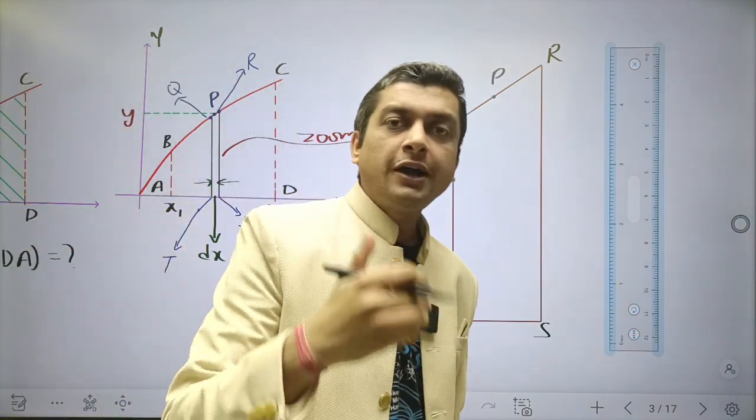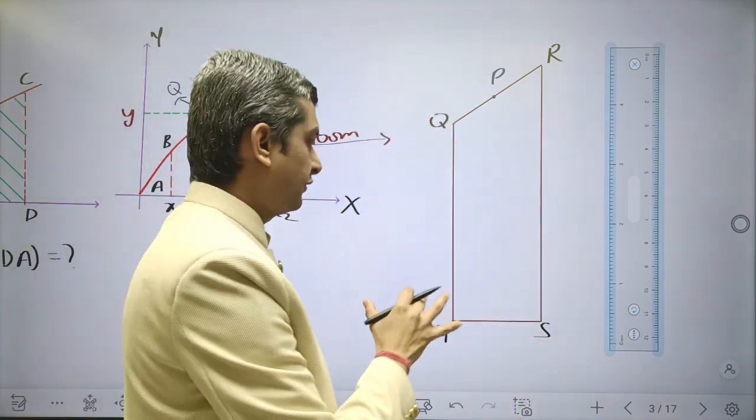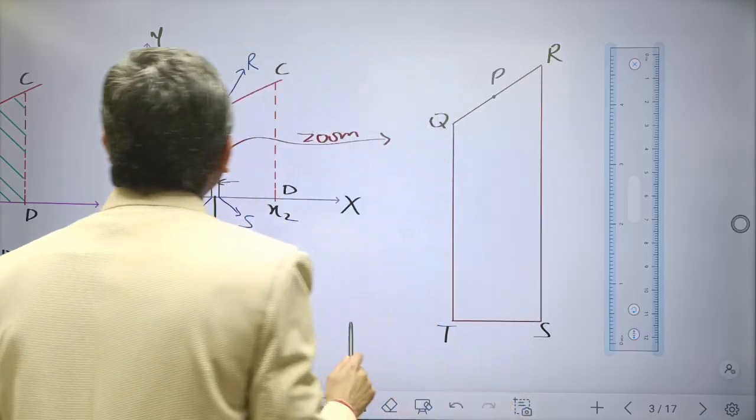Step 2, we have to find the area of this elementary strip. So what is the area of this elementary strip?